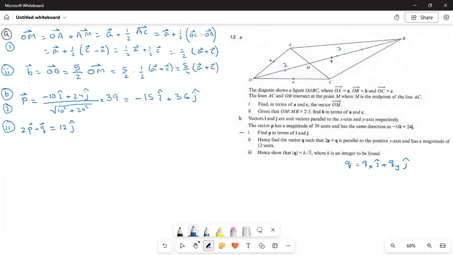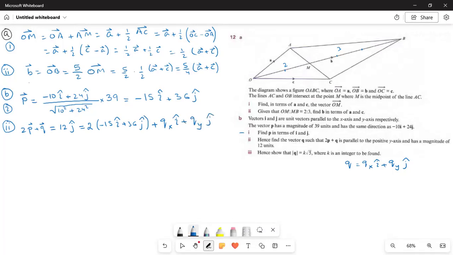So this is 12j. Okay, now this is equal to 2p. 2p means 2 times the p vector, which is minus 15i plus 36j. So this is my 2p, plus q, and q we have expressed as qx i plus qy j.